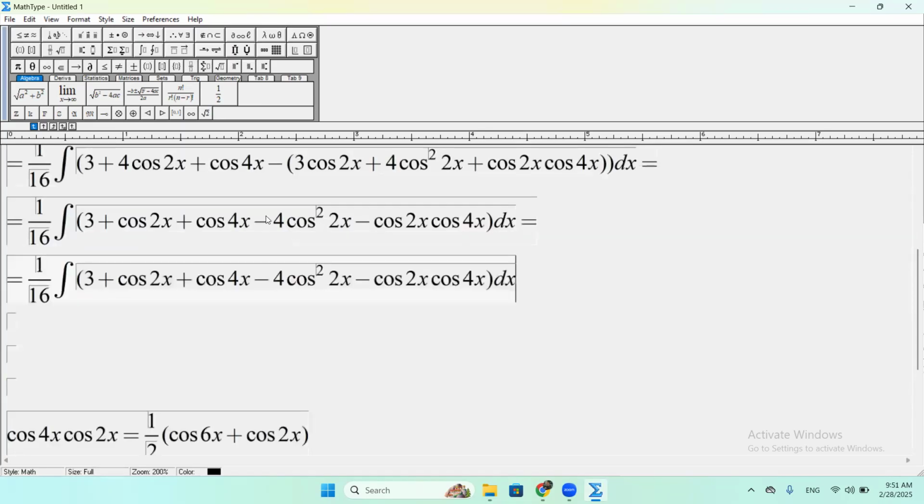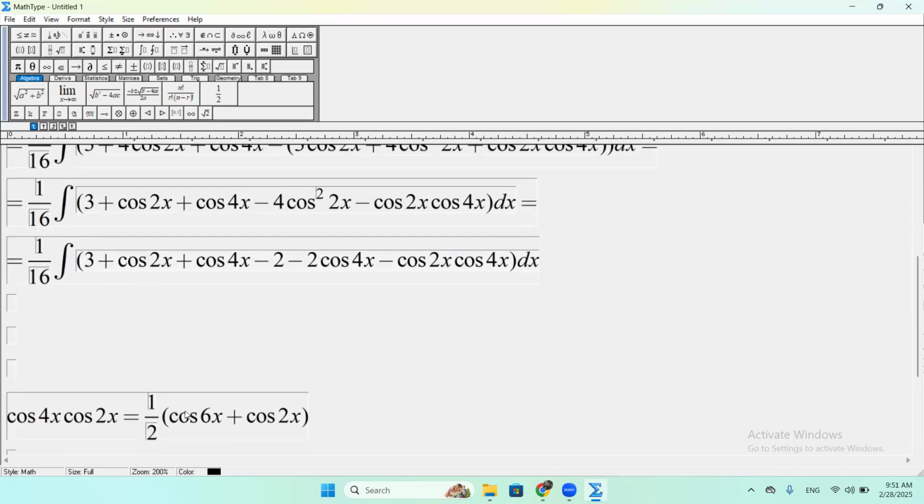And again, we will expand this expression. So minus 2 cosine of 4x here.